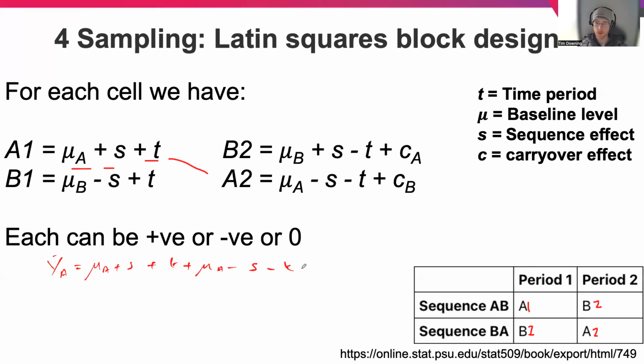We're just looking at a simple binary difference, plus the carryover effect from that group B. So this can be summed over 2, which would give us mu A plus the carryover effect of B. So that means if C B is small, then it should be okay. But if not, then we may have to work further on this.